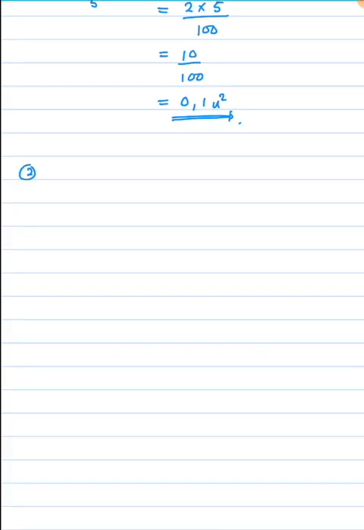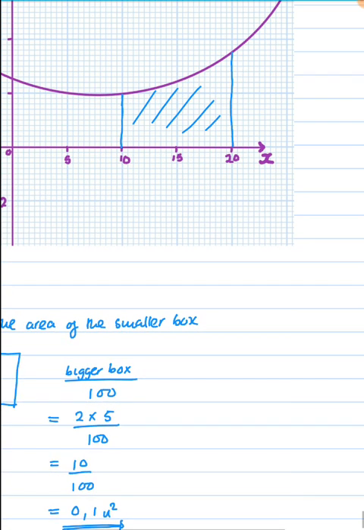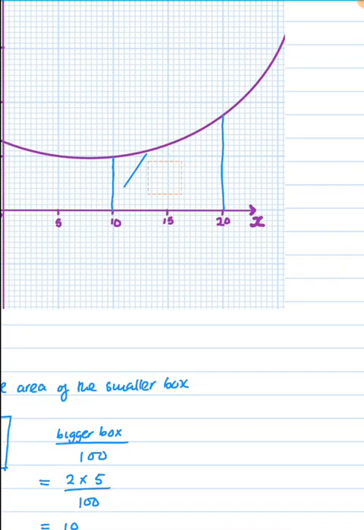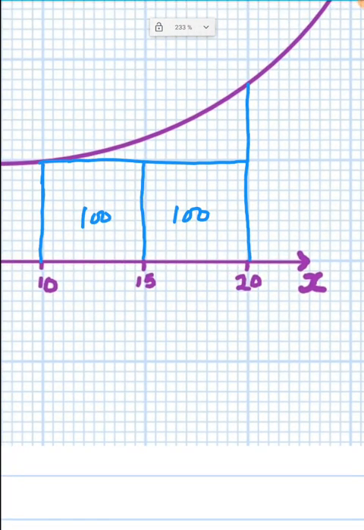The second part, we want to count the number of small boxes. So we go to our diagram. We want the number of smaller boxes. So here where we can divide it, we find that here we have 100, we have 100, and after that we count the other ones.